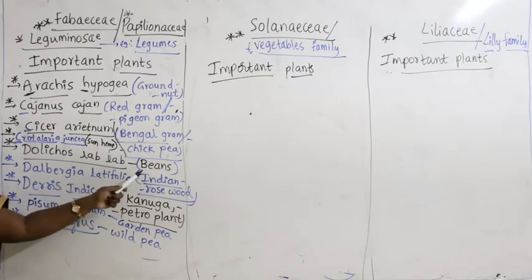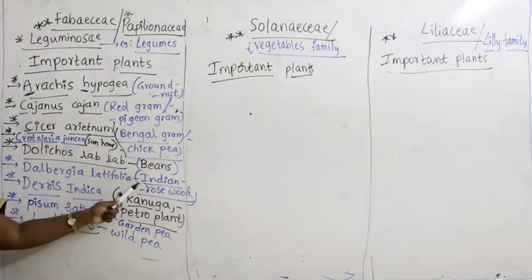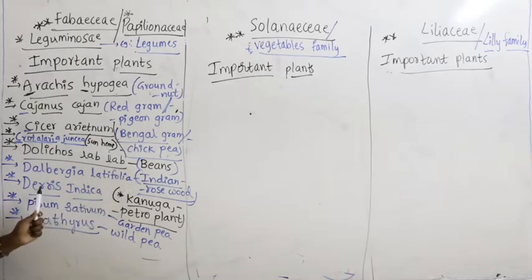Dolichos lab, commonly called beans. Dalbergia latifolia, commonly called Indian rosewood. Derris indica, commonly called Kanuga, petroplant. Pisum sativum, called garden pea. And Lathyrus, called wild pea, right? Then I will just erase the upper ones and continue writing.